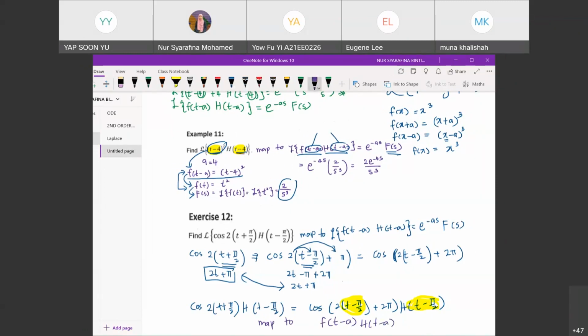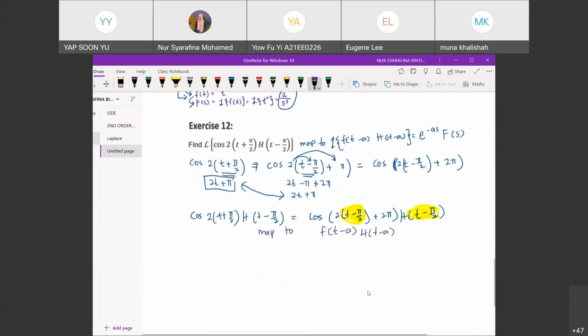Okay, so now you know, then f t minus a equals cos 2t minus pi over 2 plus 2 pi. Right. What is f t? So what is f t here?